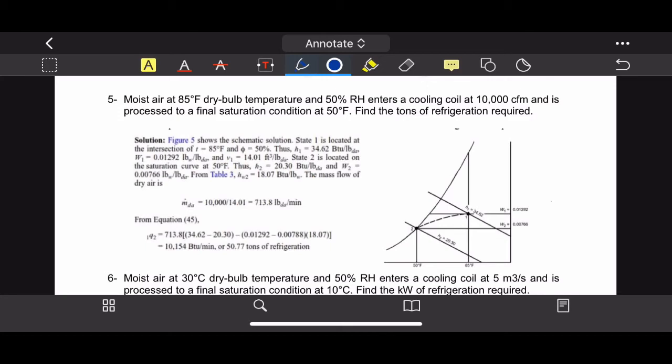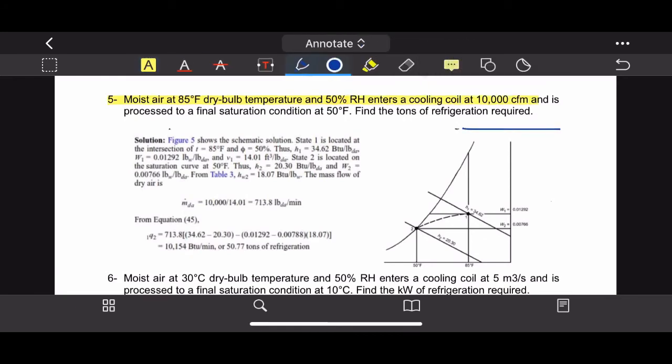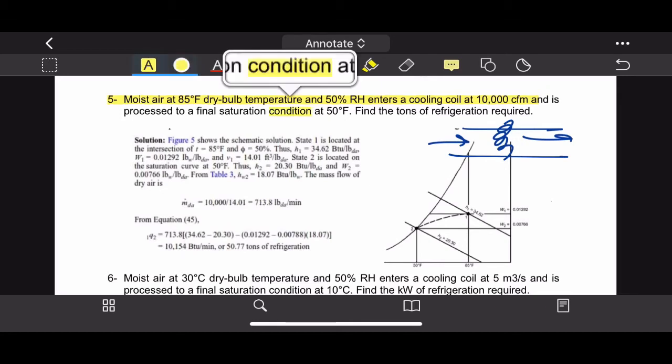Okay. Moist air at 85 degrees Fahrenheit, dry bulb temperature, and 50% RH enters a cooling coil. So you have a pipeline, there's a cooling coil, air enters and air exits. So the entrance is 85 degrees Fahrenheit and 50% RH, with a volumetric flow rate of 10,000 cubic feet per minute, and is processed to a final saturation of 50 degrees Fahrenheit.